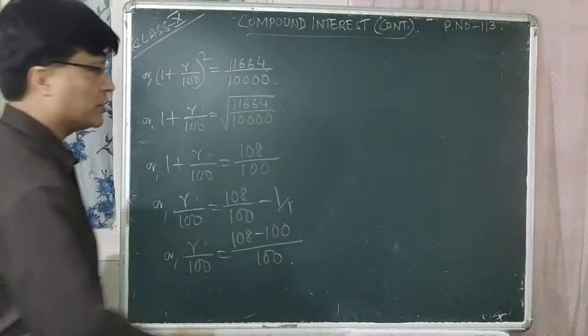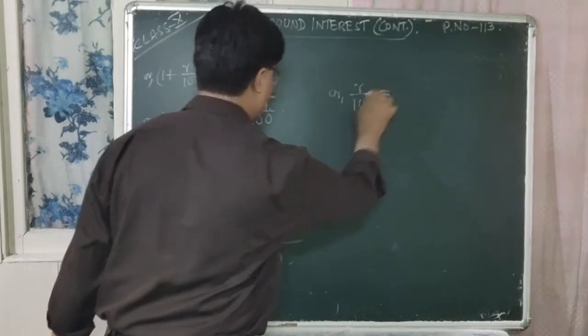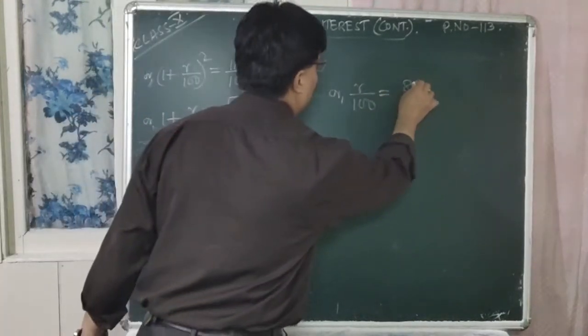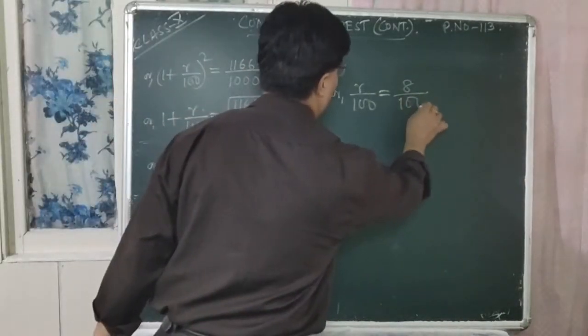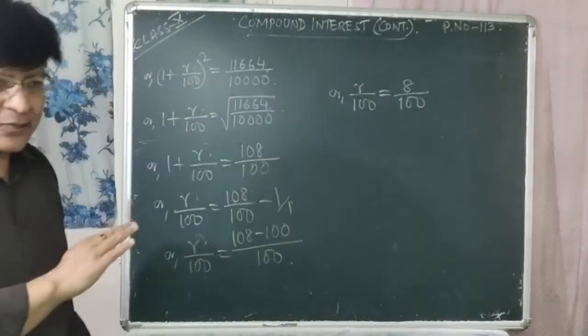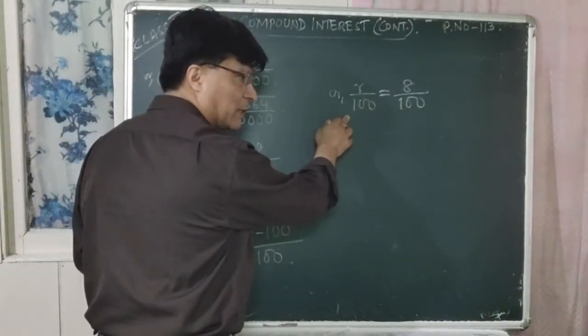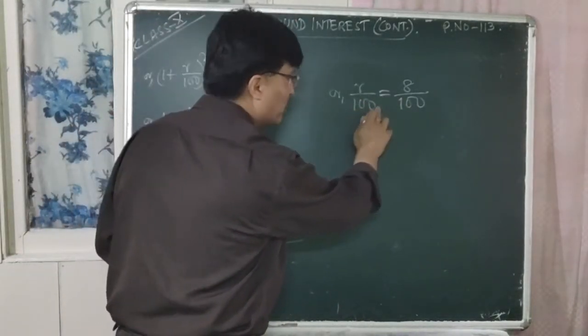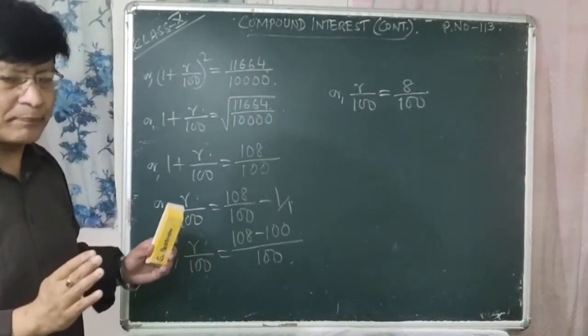So now next, r upon 100 is equal to 8. 108 minus 100 is 8 divided by 100. Now LHS is equal to RHS. Now on the left hand side, in the denominator there is 100. On the right hand side also in the denominator there is 100.